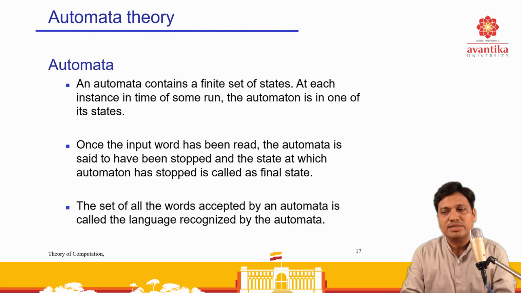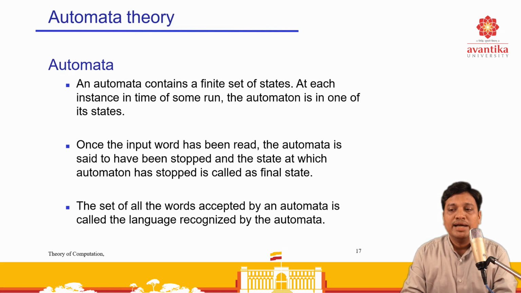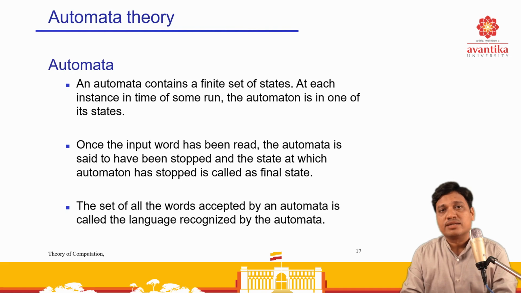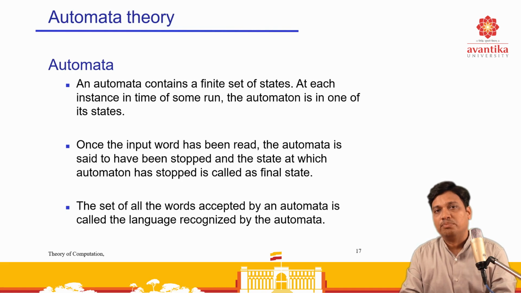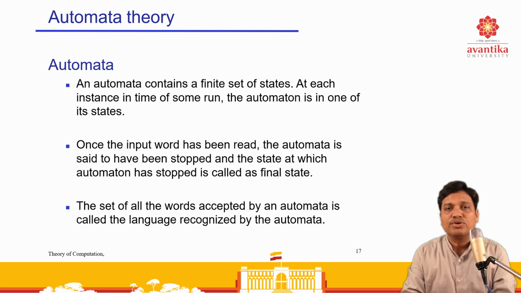Once the input word has been read, the automata is said to have stopped, and the current state at which the automation has stopped is called the final state. Means the automation is complete, all inputs are completed. So the overall final state is called the final state or the end state. The set of all the words accepted by an automata is called the language recognized by the automata.